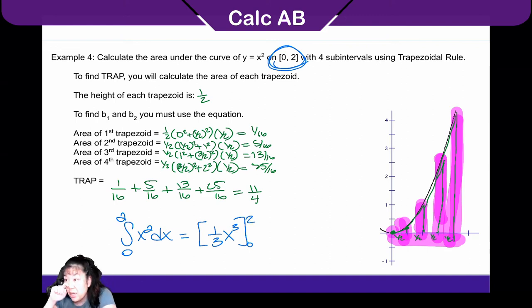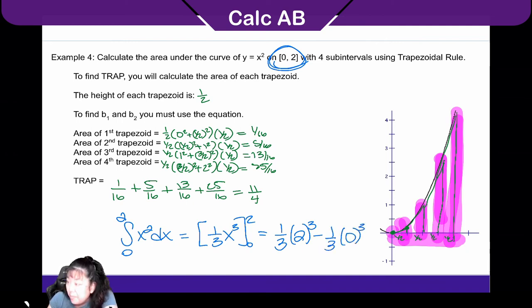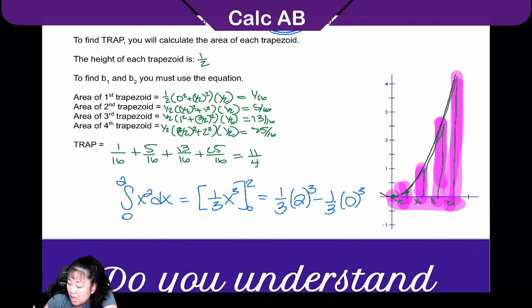Then I'm going to evaluate this from 0 to 2. What that means is I take my top value, which is 2, and cube it, subtract my bottom value plugged in, which is 0. It is always subtraction between. This is evaluating a definite integral, which represents the exact area under any given curve. So this is the exact same thing as 8/3.